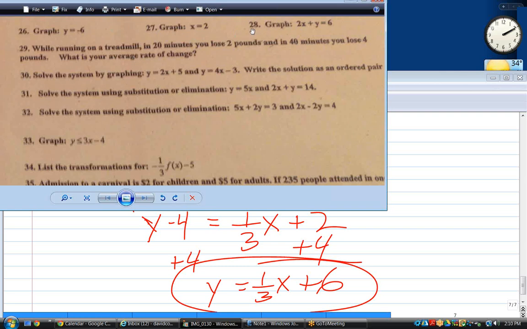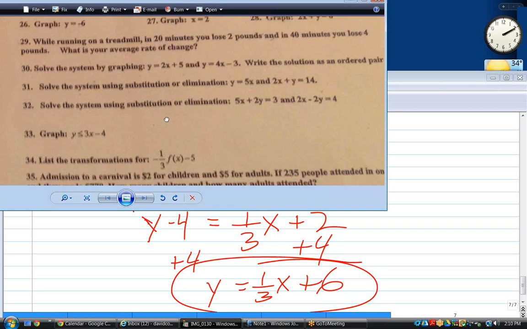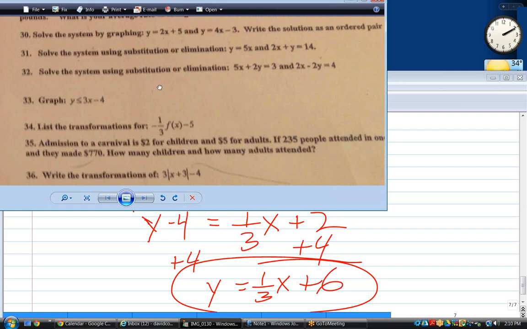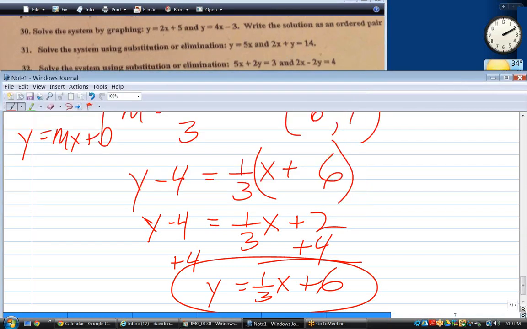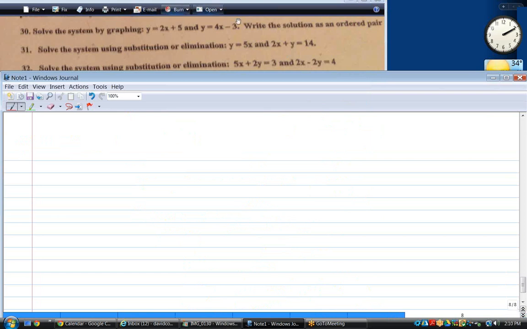Which of these is a vertical line? Which is a horizontal line? Well, y equals 6 would be a horizontal and x equals 2 would be a vertical. Okay. How would I solve these two equations by graphing?